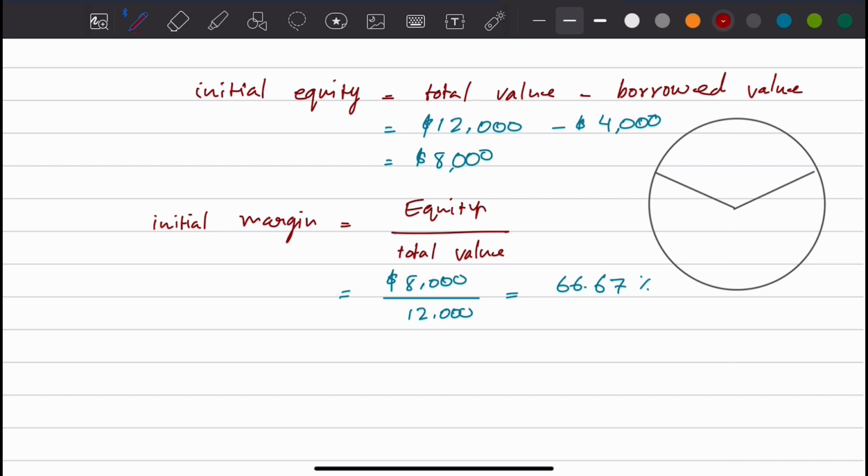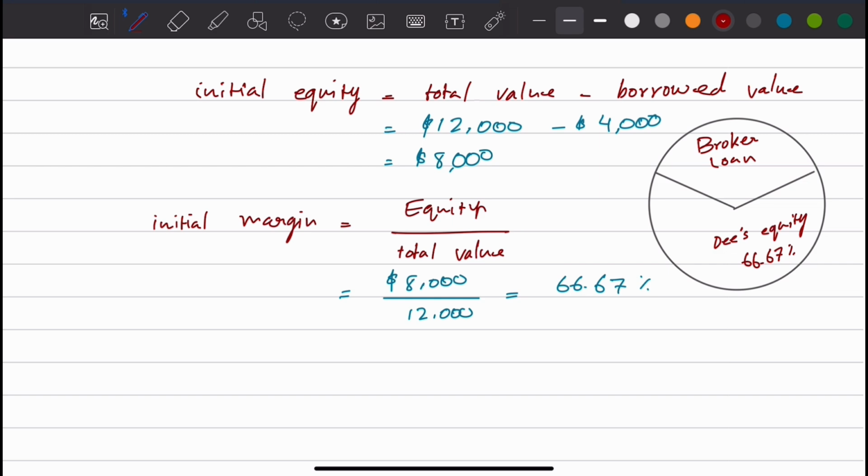This part here represents the equity, and of course this is 66.67%, and this is the broker's loan, which is going to represent the remaining percentage.